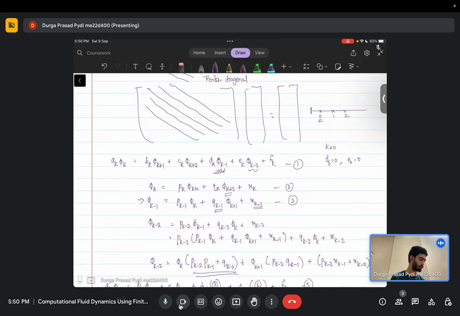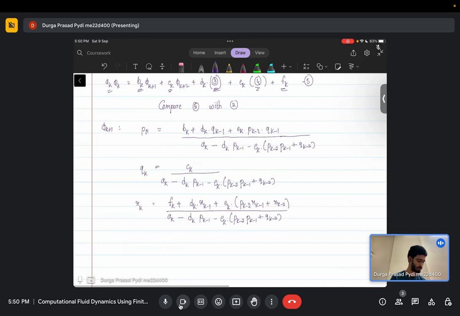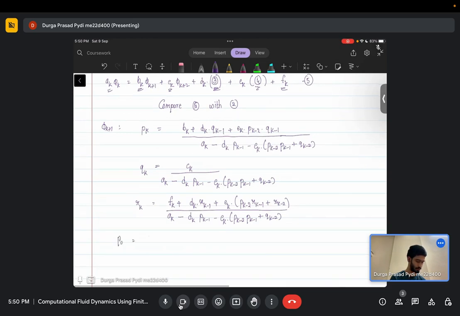Similarly for k equal to 1, when you are here you will have a west cell but we don't have a west-west cell, so the west-west coefficient e1 equals 0. If you substitute that here, your p0 will be b0 by a0, your q0 will be c0 by a0, and your r0 will be f0 by a0, since d0 and e0 are 0.